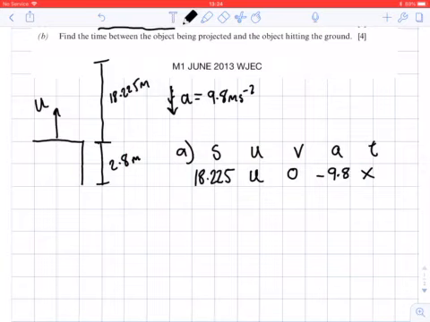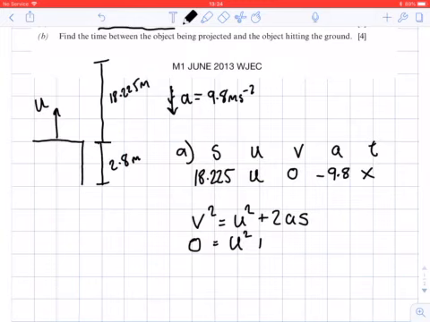So I need to find an equation that's got s, u, v and a in it. If you consult your equations from the previous video, the only one that would work is v squared equals u squared plus 2as. Substituting in, v squared is 0, u squared is u squared, plus 2 lots of minus 9.8 times 18.225.